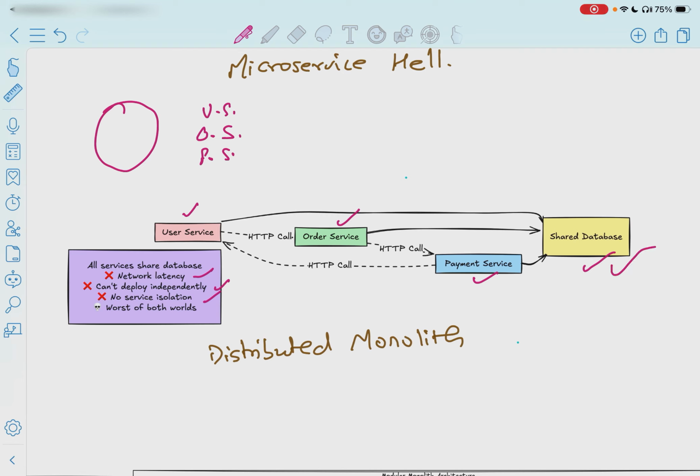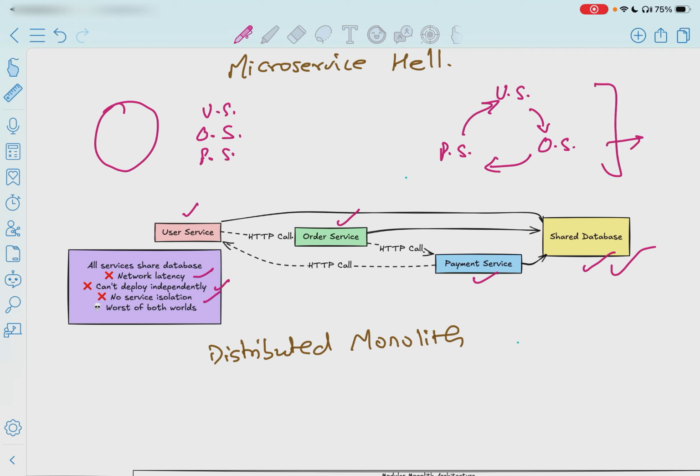Or let's say user service is calling your order service, and order service is calling the payment service, and payment service is again calling the user service. So you have created a cyclic dependency. This is the cycle of death. In such cases, all of these services have very tight coupling.